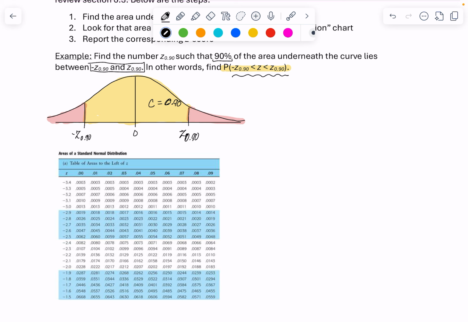So to find the complement, we're going to take 1 minus the area, 1 minus 0.9, and we're left with 0.1. Now we know that this area is symmetric over two tails, so we're going to have to divide this area by 2.